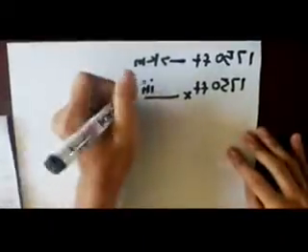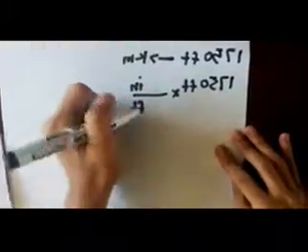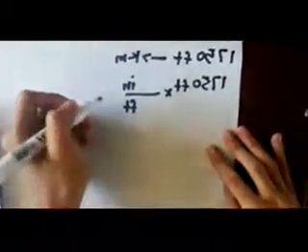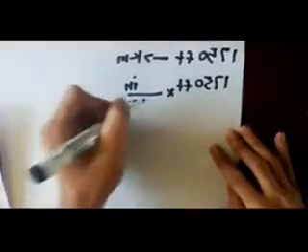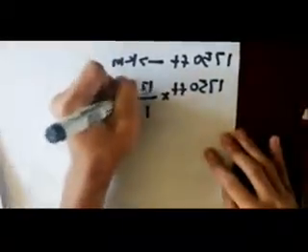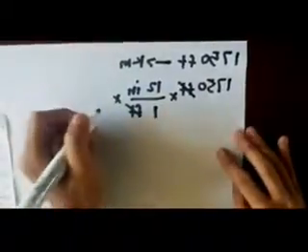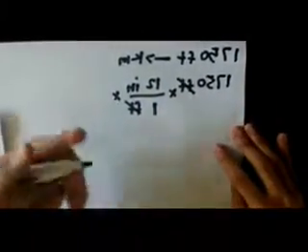In the example, we use inches over feet to cancel the feet. In 1 foot, there are 12 inches. With this, we can now cancel the feet.